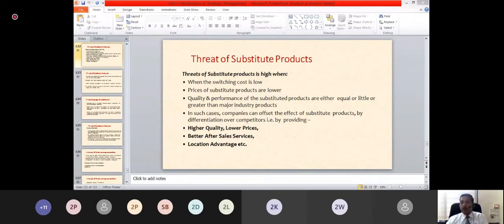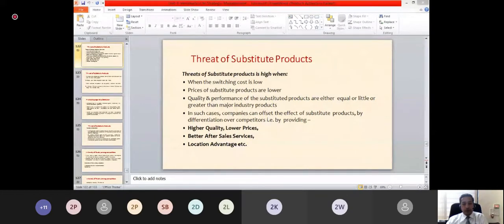We have to establish that our product is a little bit different than other products. That differentiation can be created in different ways. One of the ways can be higher quality at a lower price. So we can assure a good quality product at a lower price than competitors.